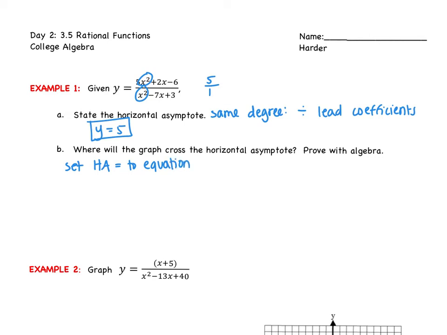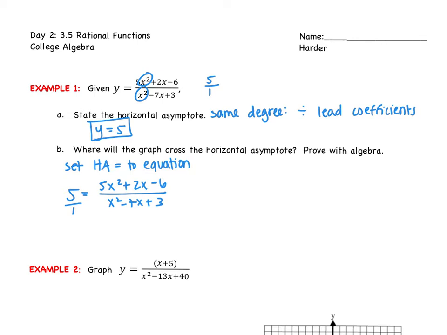So our horizontal asymptote is 5. We're going to set that equal to the whole equation. So 5x squared plus 2x minus 6 over x squared minus 7x plus 3. And this is what you're going to solve. That 5 that's on the left side, I'm going to write that as 5 over 1.